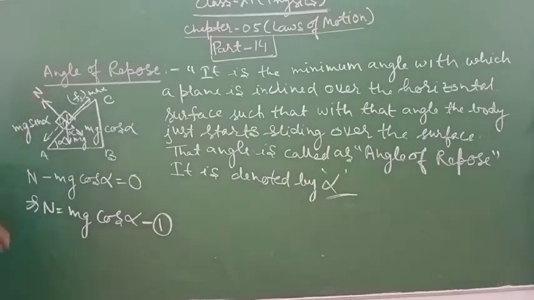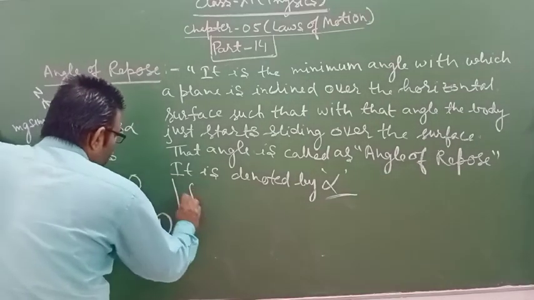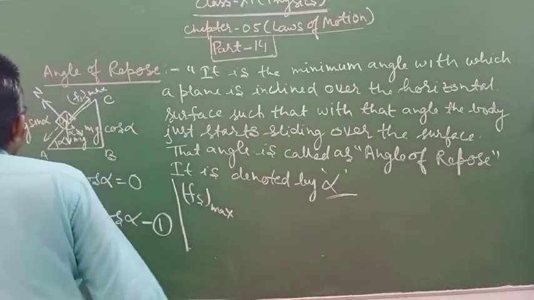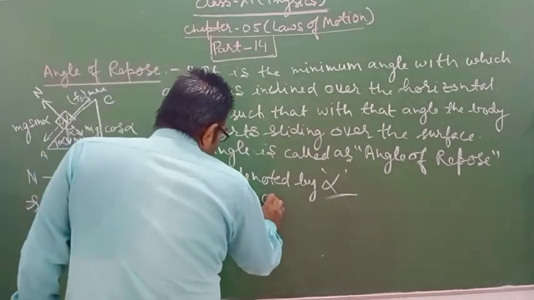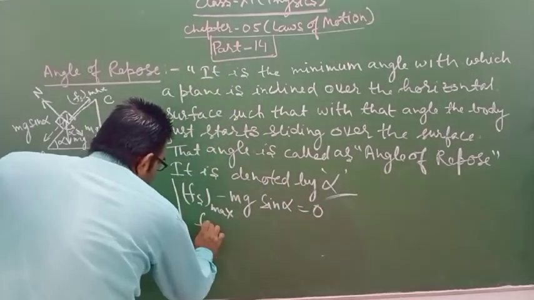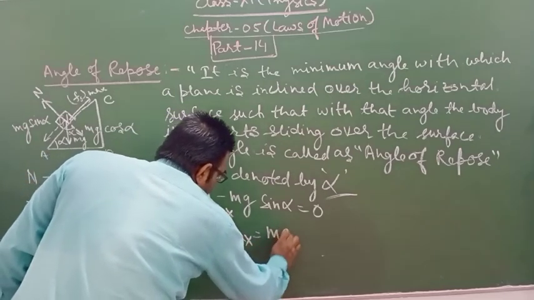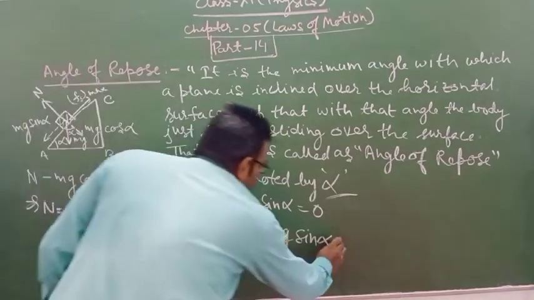Now resolving the forces in this direction, Fs max minus mg sin alpha is equal to 0, and we can write Fs max is equal to mg sin alpha.